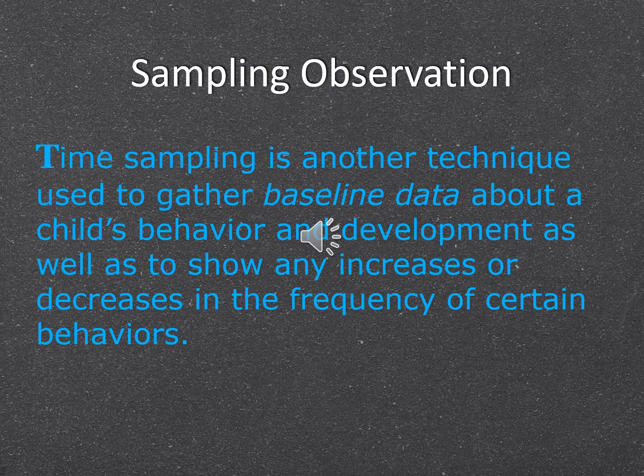For example, if you have a child who's biting, or actually if they're displaying any kind of violent behavior, it is helpful to have a time sampling checklist observation to see the frequency and to see the timing of the day that it's happening. Possibly they could be hungry or tired, and this type of observation would help you easily identify that.